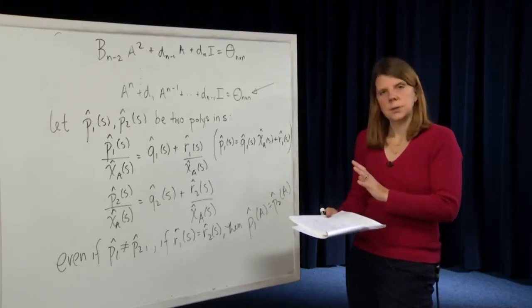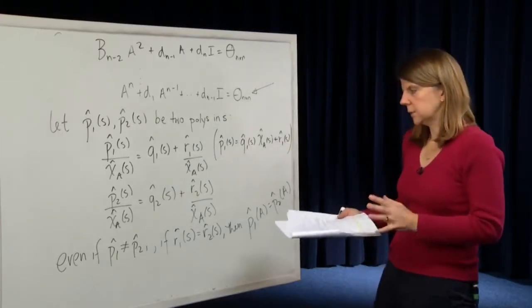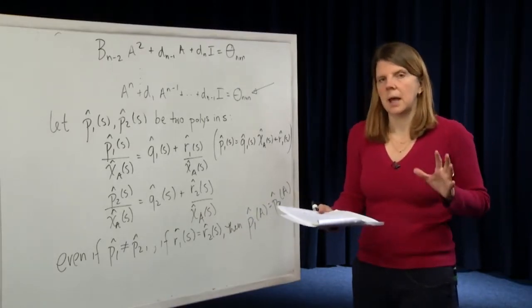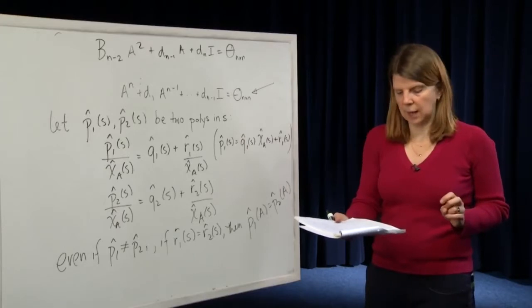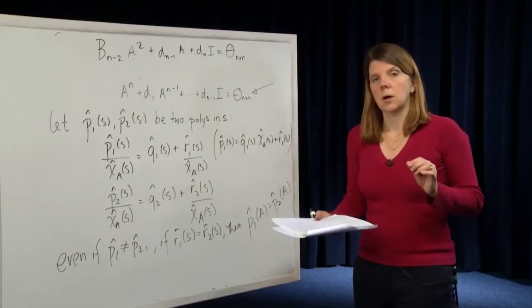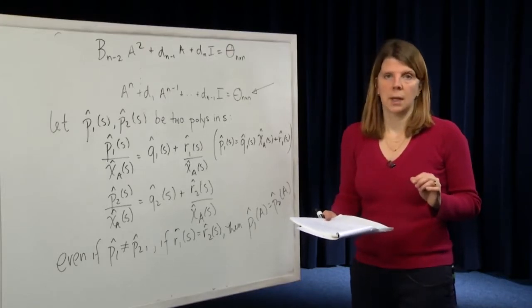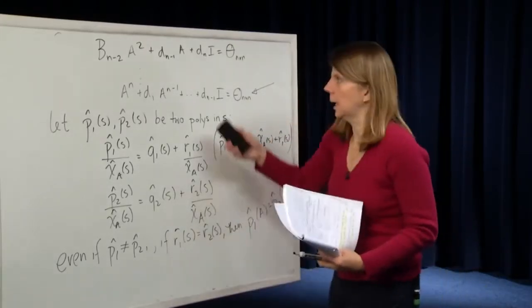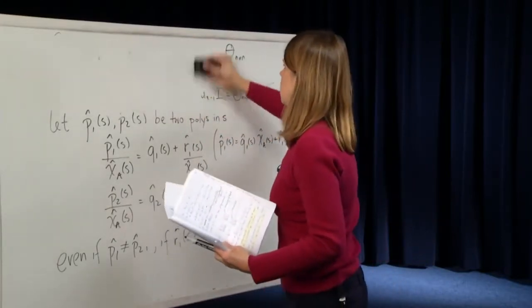And what we can use this very neat result for is that every polynomial function of A can be written as a function of powers of A up to A to the n minus 1. That's the final thing that Cayley-Hamilton has said to us.